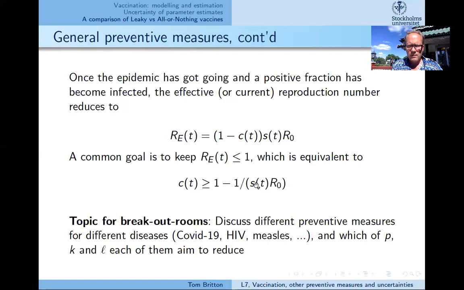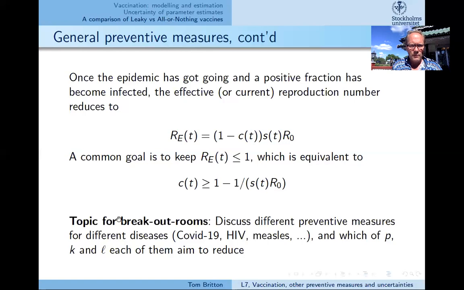In Michael's lecture, beta was the contact rate between one infected person and one susceptible person, whereas I had beta as the contact rate between one infectious individual and all others. So we have slightly different notation, which must be kept in mind.